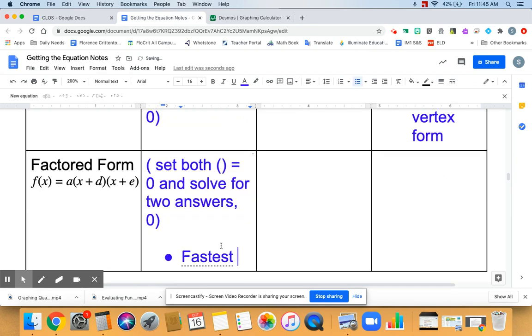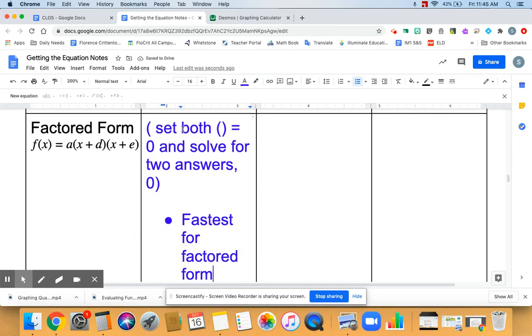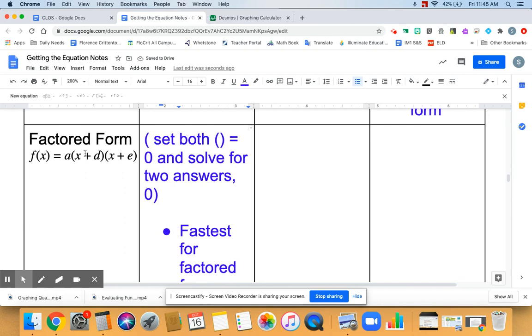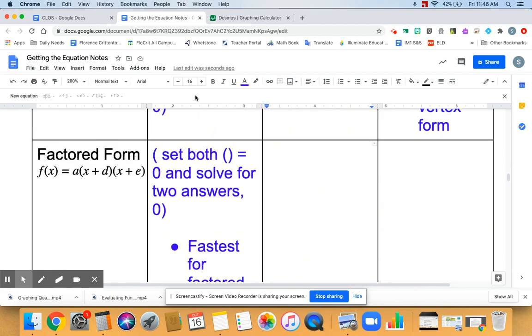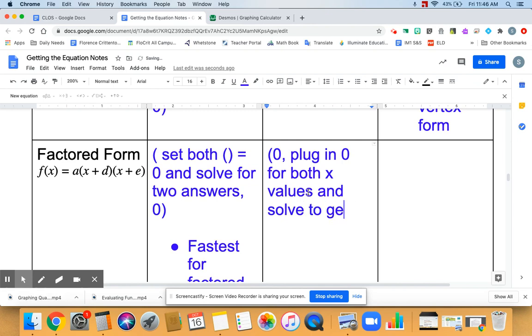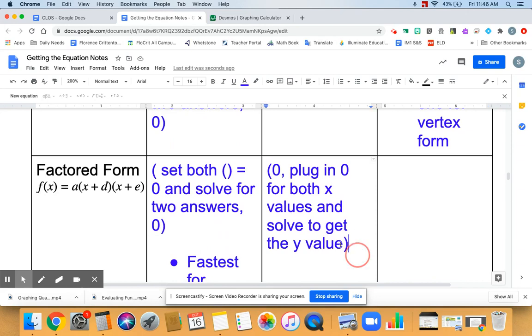So this is the fastest for factored form, to just take each parentheses, make them equal 0, solve it real fast. That's the fastest one. To get the y-intercept, you plug in 0. So the x is 0, and to get the y, you plug in 0 for both x values and solve to get the y value. So that's how you figure out the y-intercept for factored form.